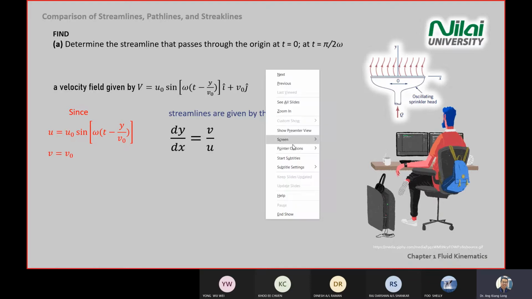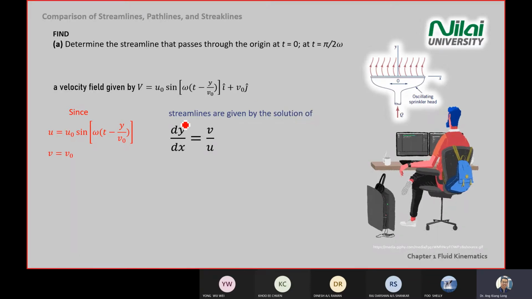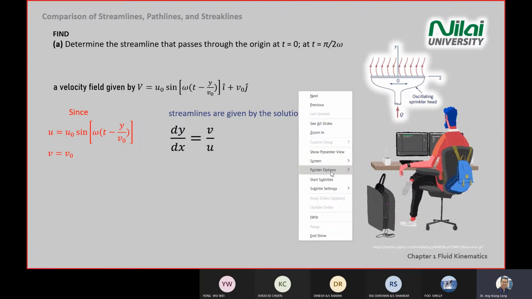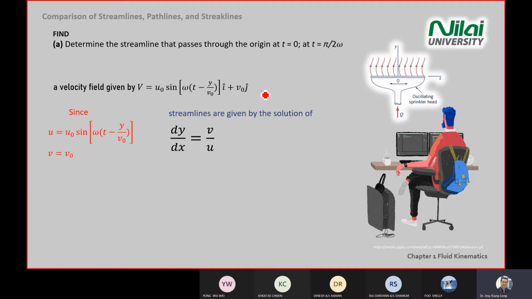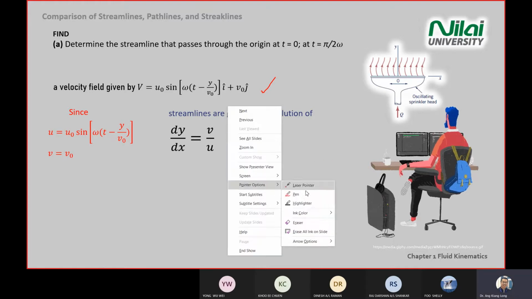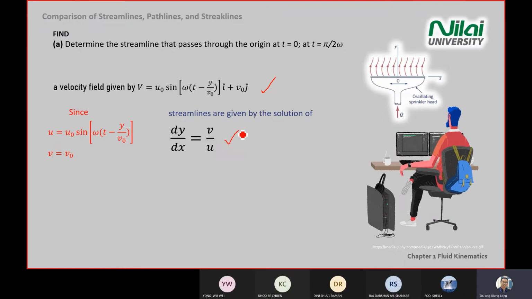Just to recap, what is the important step here? The first one, write the equation. Then write the streamline equation. These are the two major components. Write the equation, then convert it to find what u, v, and w are. In this case, there is a value for w.